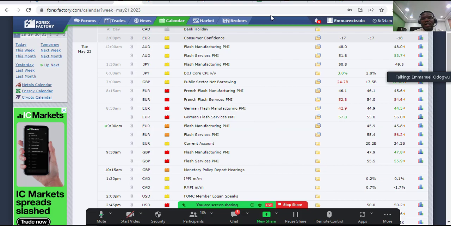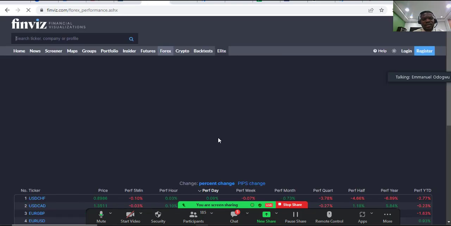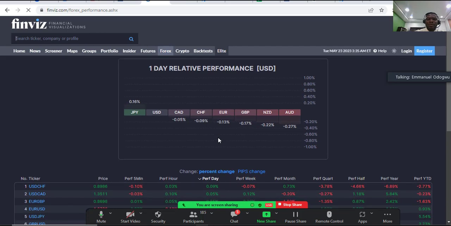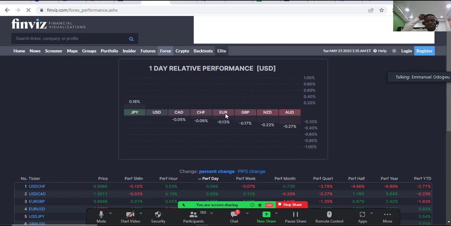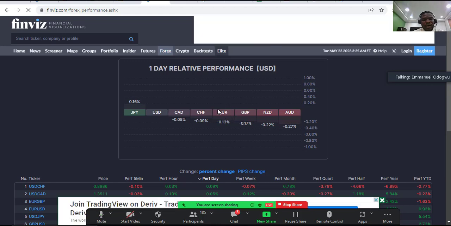But if you check the strengths of these currencies on Finviz, this is Finviz right here, you can see that the euro has even fallen a little bit in strength. That means we are still going to sell the euro in comparison with the dollar. I hope you can see my screen.